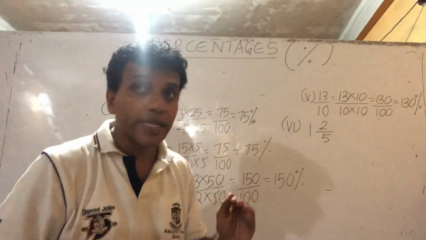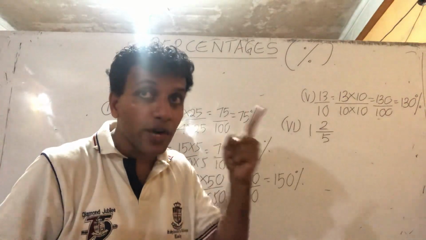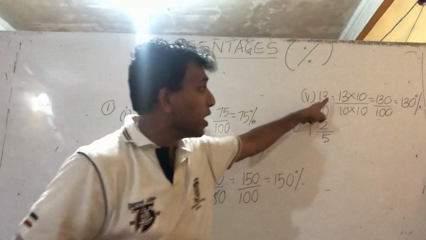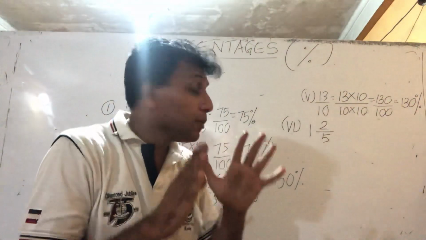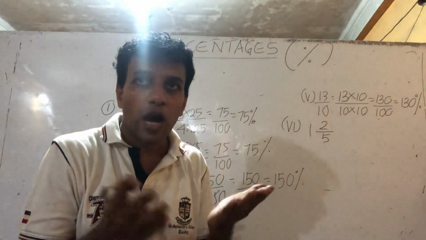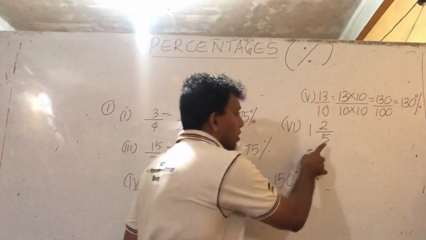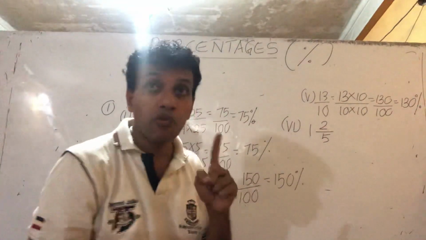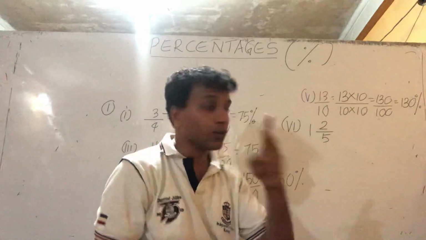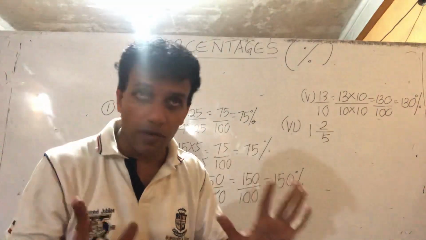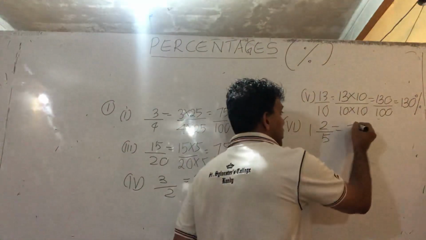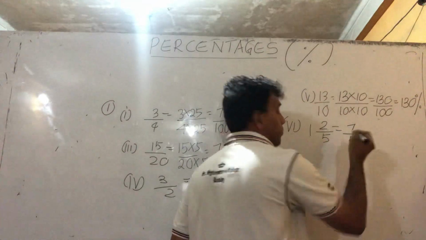Mixed fraction, convert to the improper fraction. How? Simple maths. 1 multiply 5, 5, add 2. 1 times 5, 5, add 2, 7. That is 7 over 5.